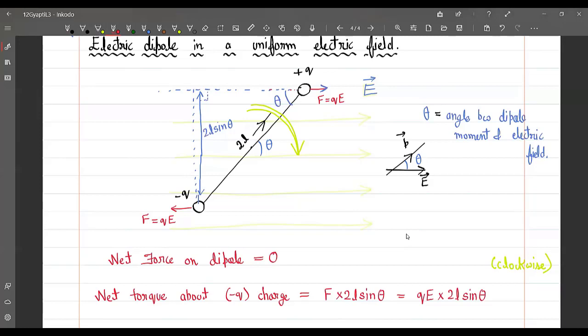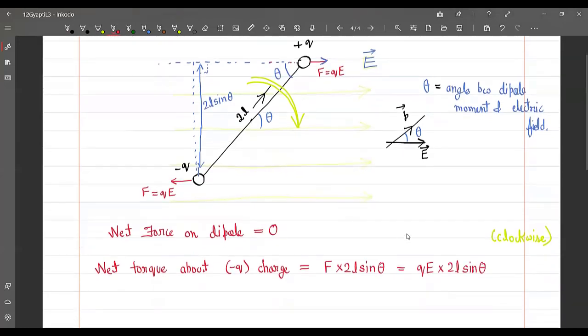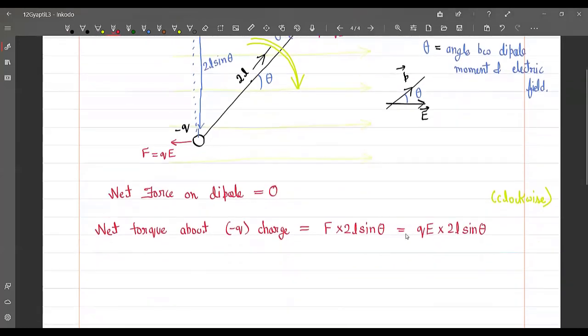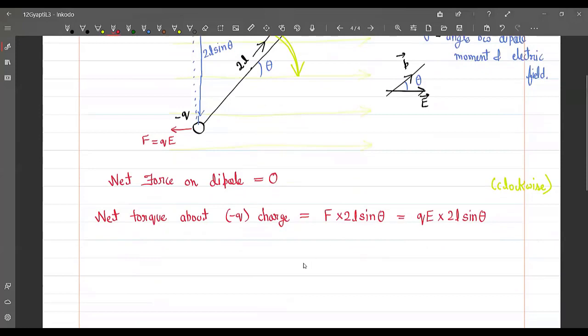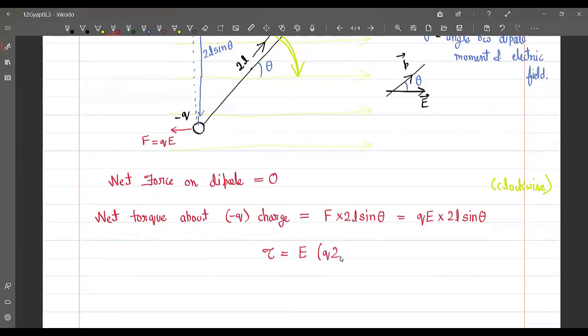Okay. Now, I can write the torque is equal to QE into 2L. So I'll write this as E into Q into 2L into sine theta. And direction is clockwise.